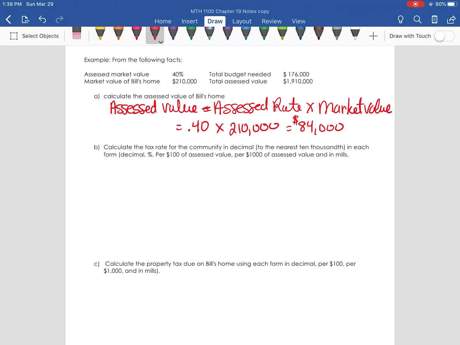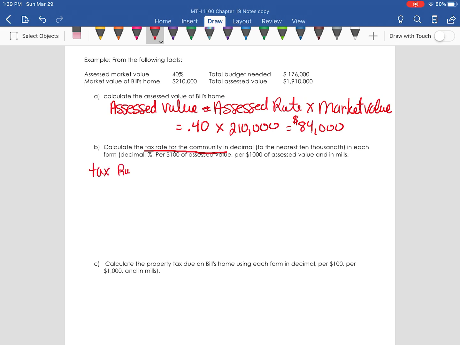Now in part B, it says calculate the tax rate for the community in decimal form to the nearest 10,000. So that means they're telling us how to round it. And then we're going to write this in each form.